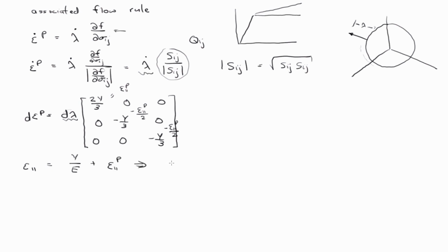Therefore, sigma 1,1p is equal to sigma 1,1 minus y over E. Okay, so we just solve for that equation. And remember, epsilon 1,1 was a boundary condition. So we have like 20% strain or something.